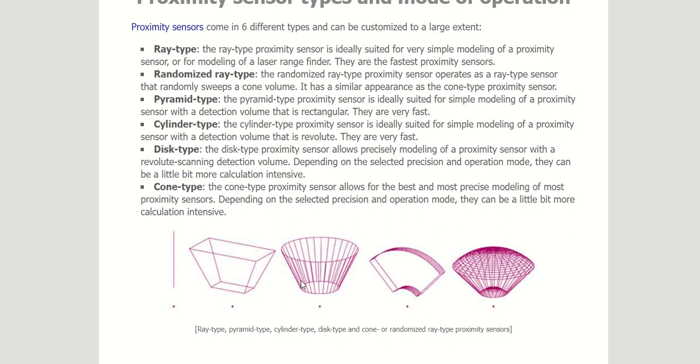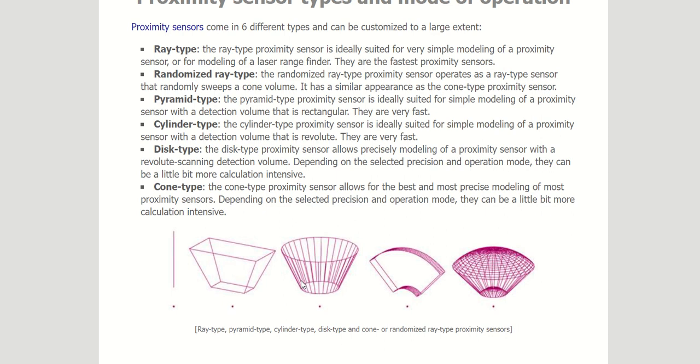The disk type proximity sensor allows precise modeling of a proximity sensor with a revolute scanning detection volume, and depending on the selected precision and operation mode, it can be a little bit more calculation intensive, right? And the final, the sixth type, is the cone type.